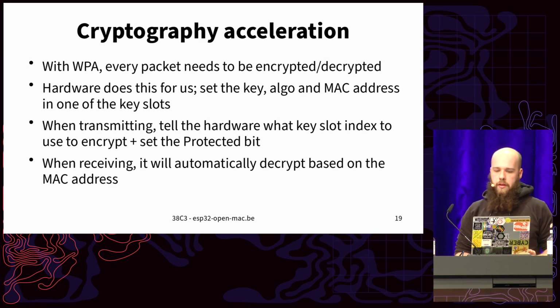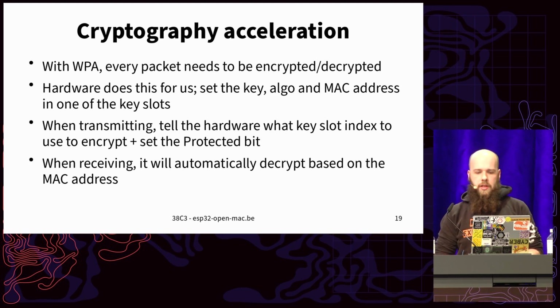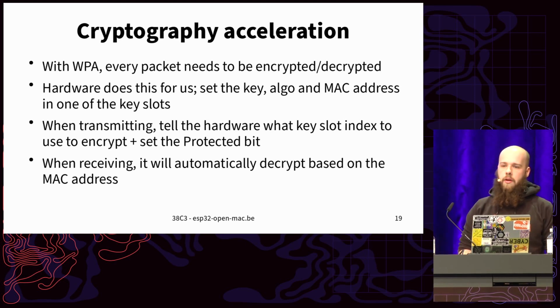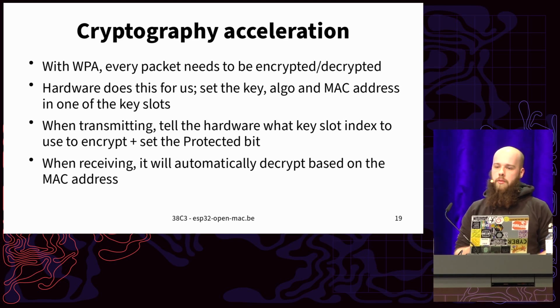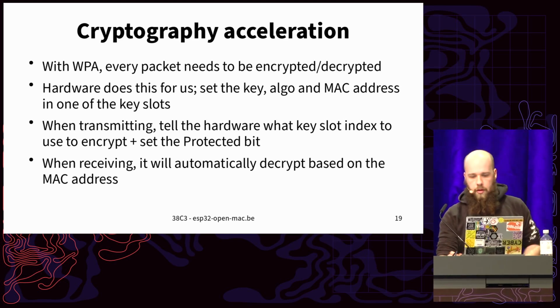And then when transmitting, you can just tell the hardware, okay, use this key slot, and it will encrypt the packet for you before sending it. And this is nice, because then we don't have to implement this part of the cryptography stack. And then when receiving, it will match the MAC address that you saved in the key slot. It will look for a key slot that matches that MAC address, and it will then automatically decrypt the content of the packet before you receive it in user space.